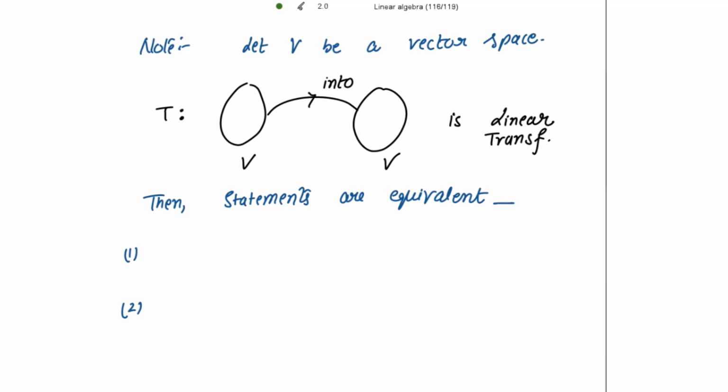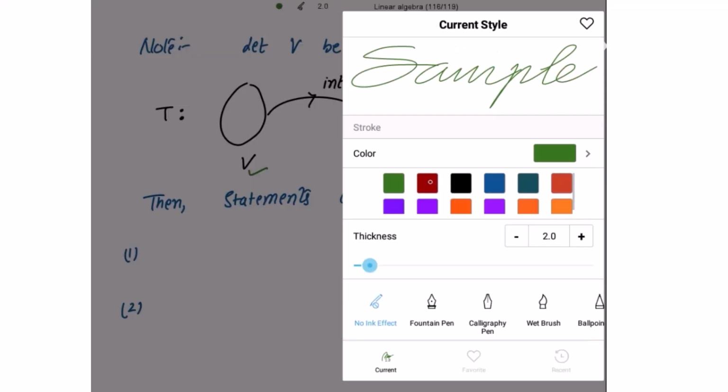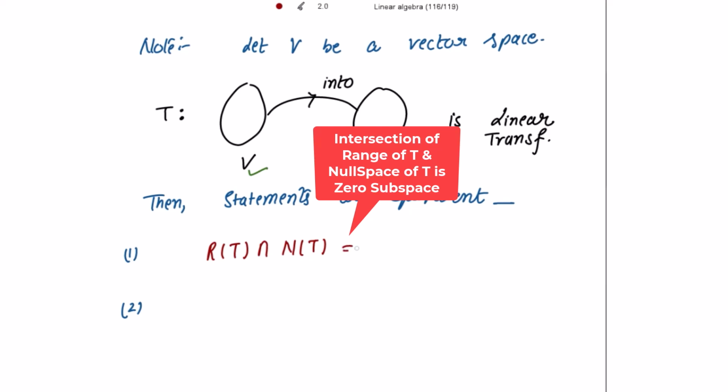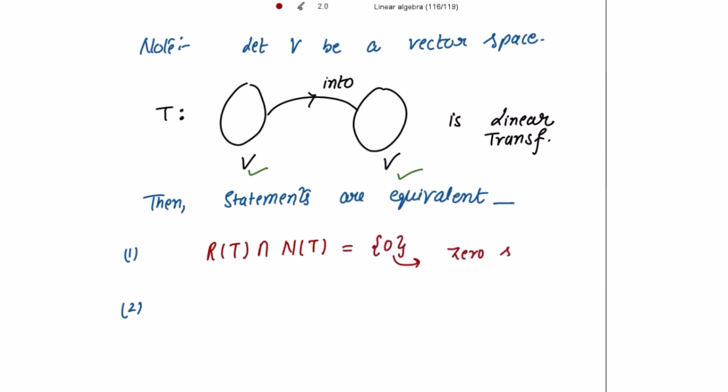Next is a beautiful note over here. Let V be a vector space and T is a linear transformation from V into V. Then which of the statements are equivalent? Then the intersection of range of T and null space of T is equal to the 0 subspace of V. It is the 0 subspace of V, right?